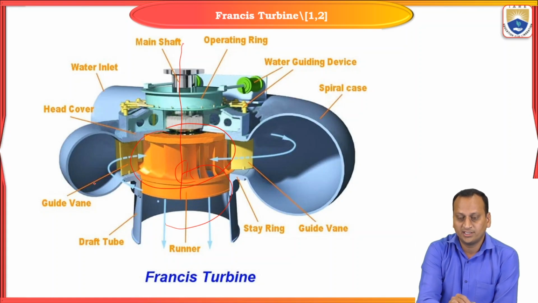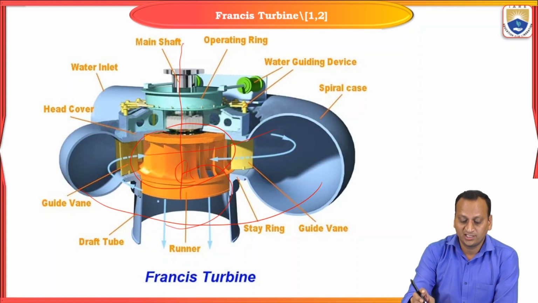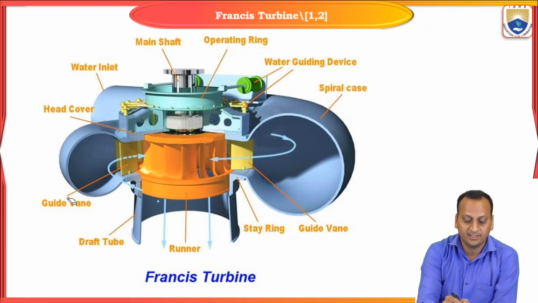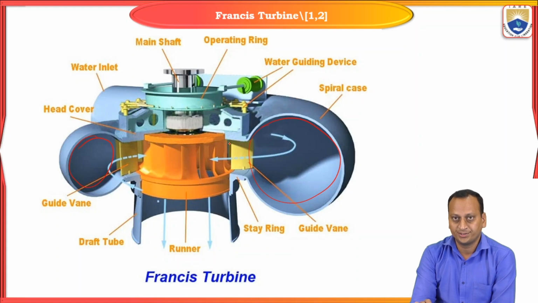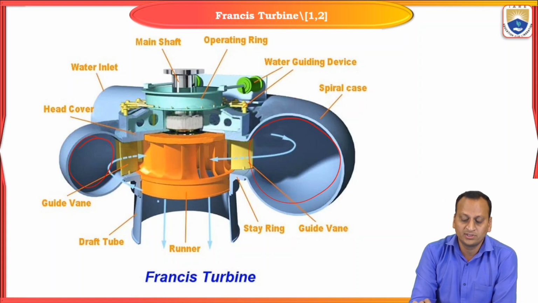So that is nothing but a scroll casing. Here in this scroll casing, it is filled with water. In this scroll casing, we can observe the varying diameter. Here the diameter is smaller if you compare with this portion. This is in order to maintain both the energies.